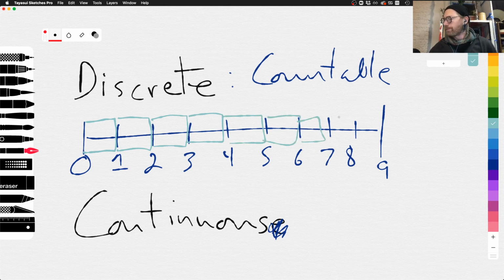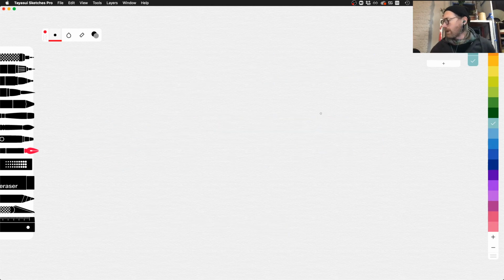And so, we can't report 6.37 as a value because there is no 6.37. There's only 7 or 6. And so, we don't have anything in between. And I think thinking about something as being discrete is helpful really in light of the idea of something being continuous.